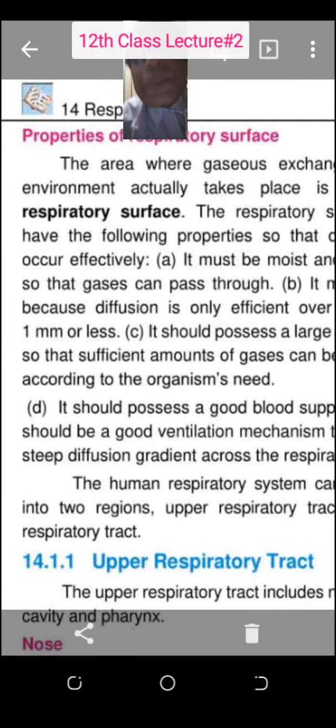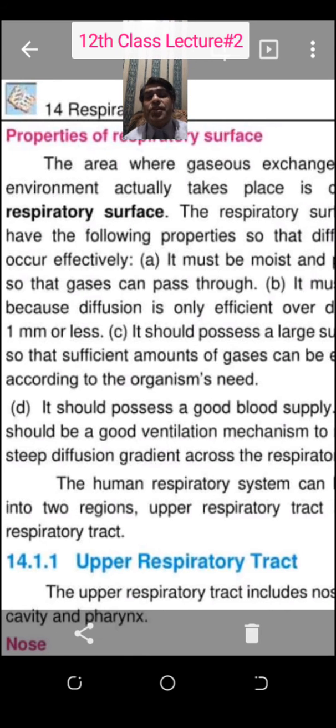So the first quality the alveoli cell has is that it is moist. It is wet. Reason: when any surface is wet, the gases go easily into that cell. Diffusion becomes easier. Movement of molecules from high concentration to low concentration is diffusion.